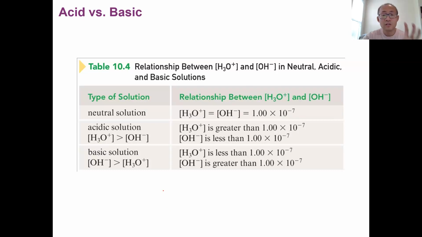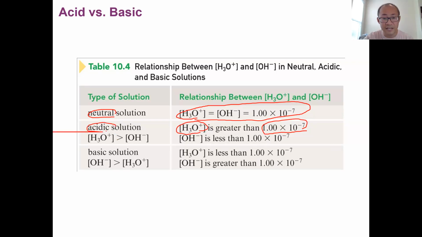Again, when the proton concentration equals the hydroxide concentration and they're both 1.0 times 10 to negative 7th, we call the solution neutral, including water. When the proton concentration is higher, it must be higher than 10 to negative 7th, then we call the solution acidic.